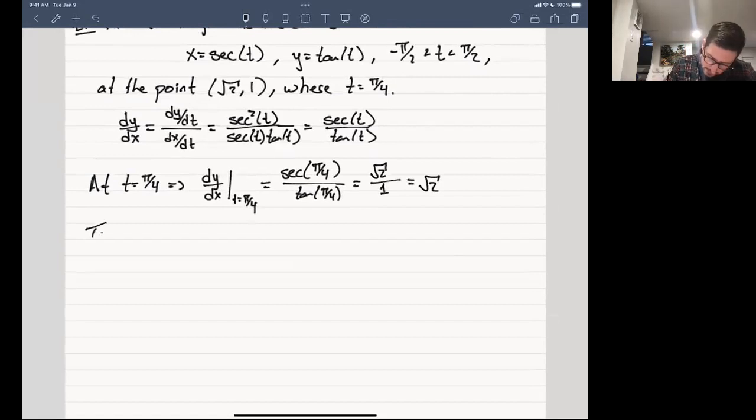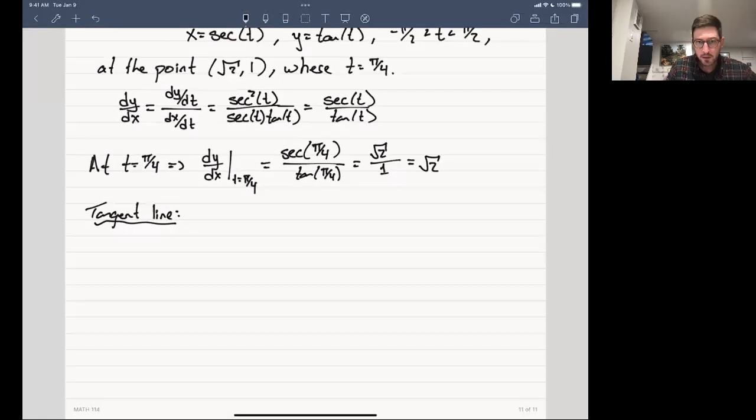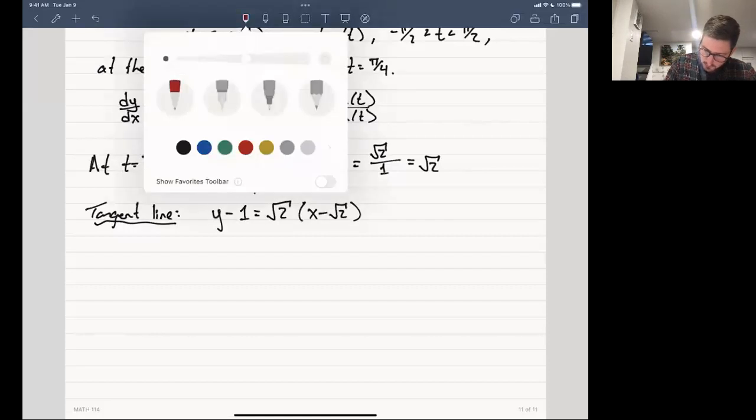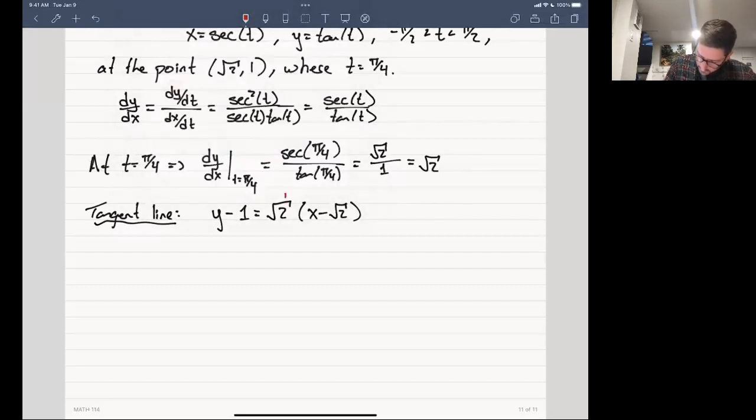And so that tells us the tangent line is, you set this up, y minus b, where b is 1, is equal to the slope, square root of 2, times x minus a, where a is the square root of 2. I'm just going to put some little notes here. This is the slope.